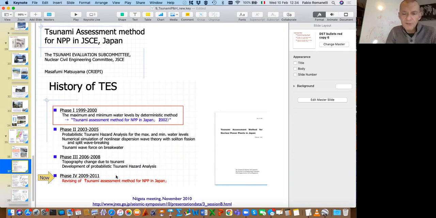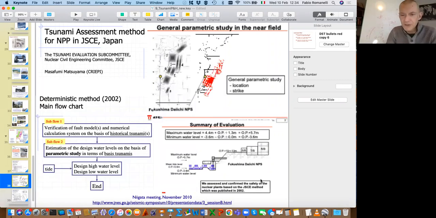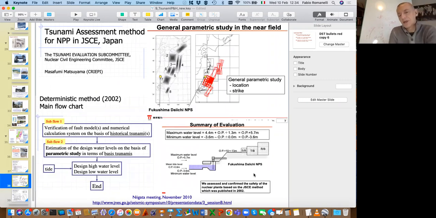And they were also going to refine these approaches. Actually, these slides come from a meeting that occurred in Niigata in November, just a few months before the event. And you see, this is the Fukushima Daiichi nuclear power plant.